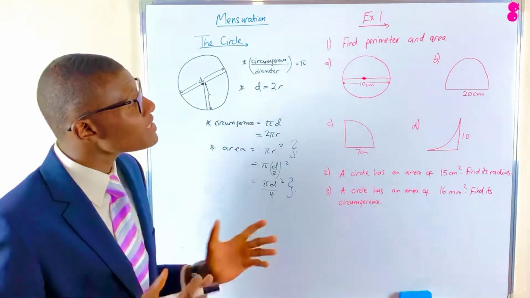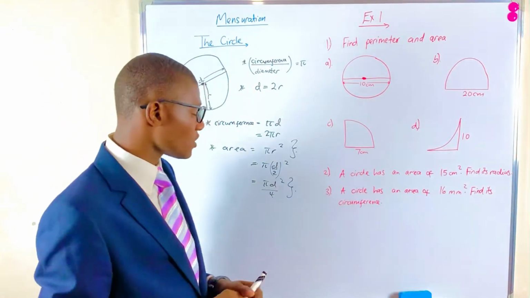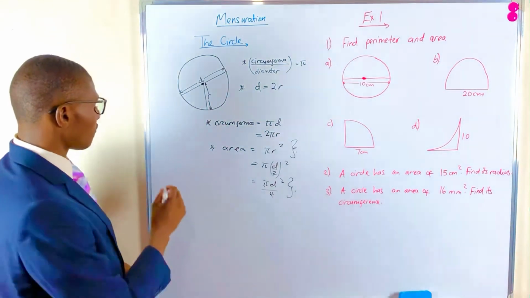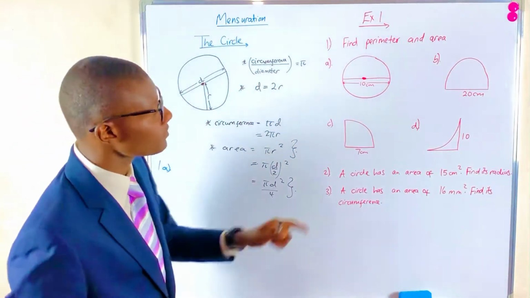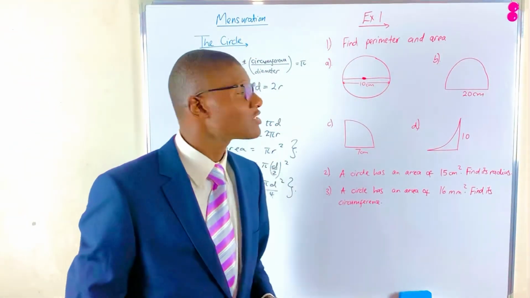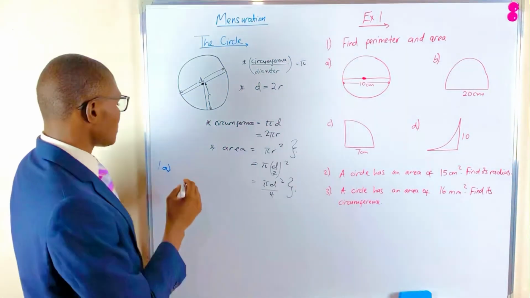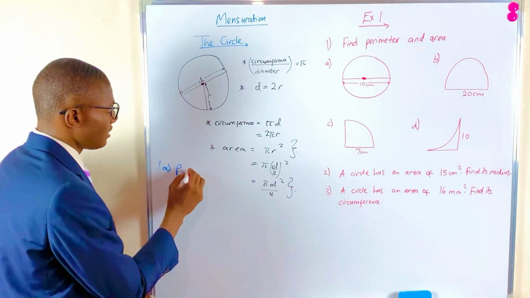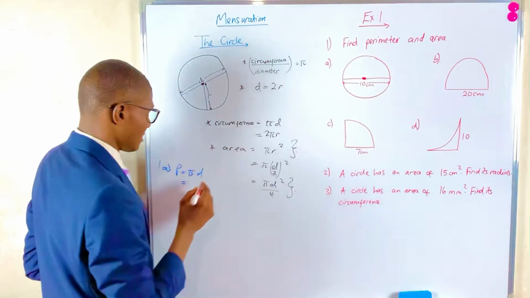Number one requires us to find the perimeter and the area for each of those shapes. So for number 1A, the perimeter here is simply the distance right round, which is the circumference of the circle. So we said circumference is given by pi d, and our diameter there is 10.